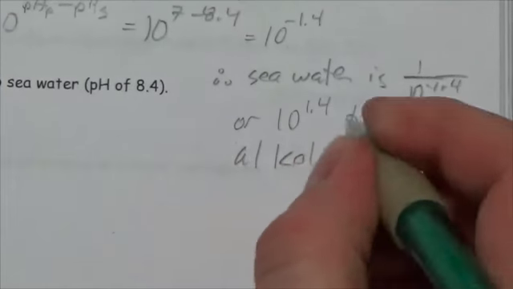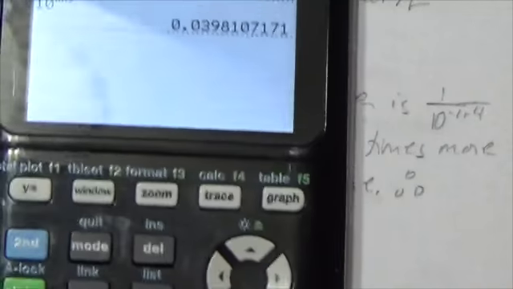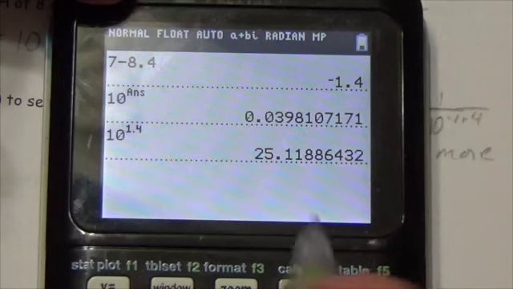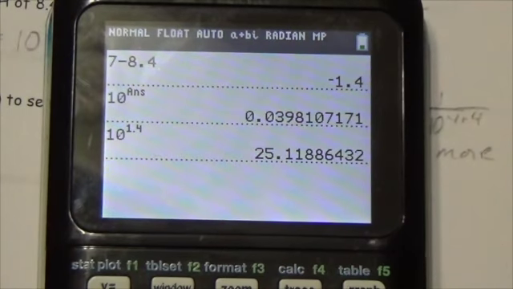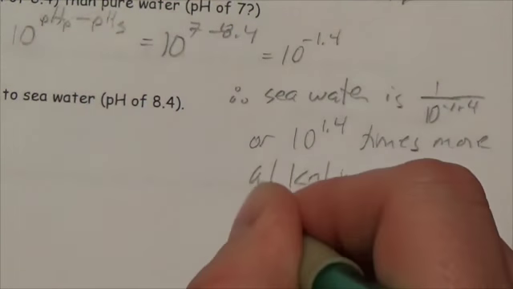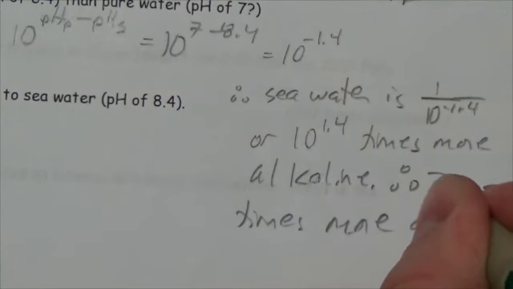And we can evaluate that. 10 to the 1.4. So it's basically 25 times more alkaline. It's approximately 25 times more alkaline.